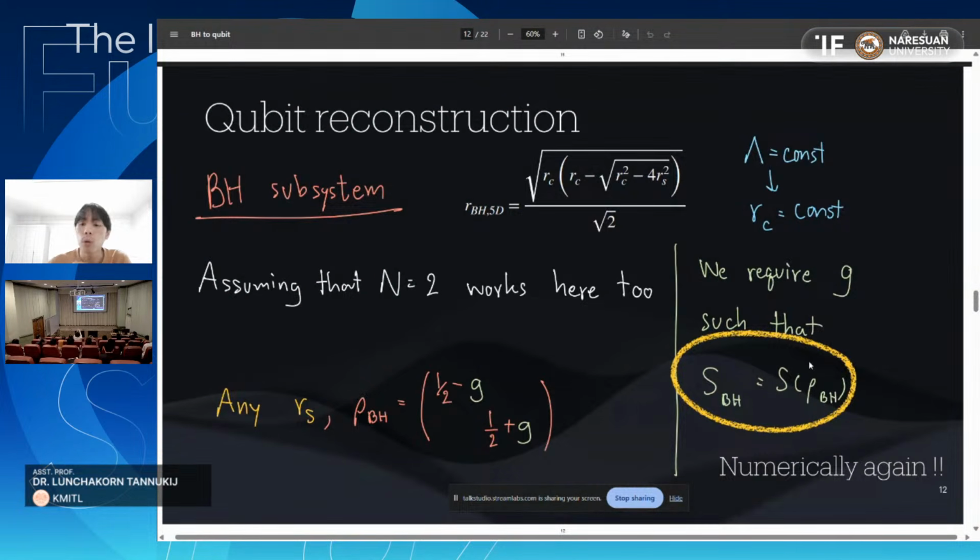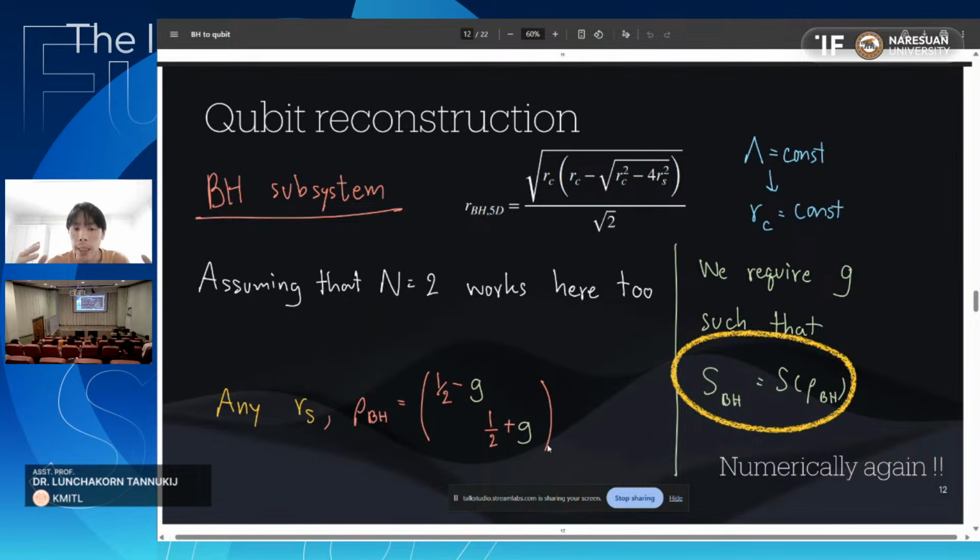Now, we will do the same thing with the black hole horizon subsystem. We will start with equally distributed diagonal elements, like 1/2 and 1/2 here, and modify it a bit for any value of Rs away from Rs equals 0. We will model it the same way because we all know that the cosmological horizon is, of course, bigger than the black hole horizon, as we can see from the graph previously.